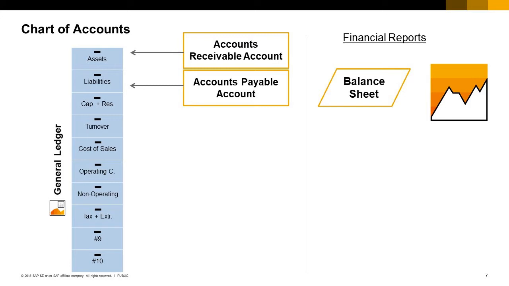The receivable and payable control accounts accumulate the customers' and vendors' transactions in their balances. Therefore, the chart of accounts presents the complete financial status of the company. The financial reports also show the full picture. For example, the balance sheet contains the accounts receivable and accounts payable accounts.